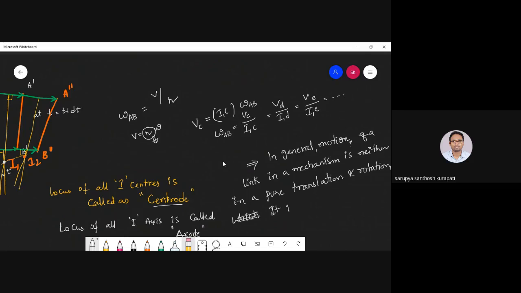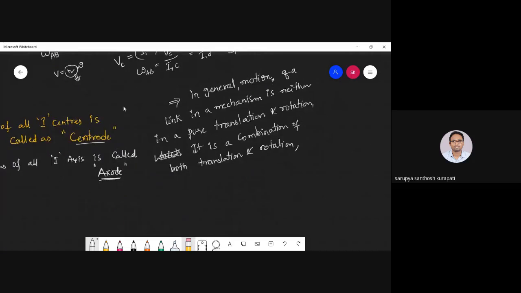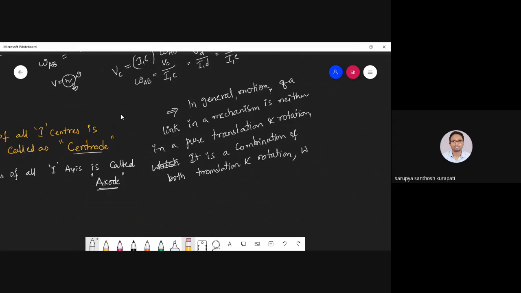It is a combination of both translation and rotation, which we normally say the link is in general motion.